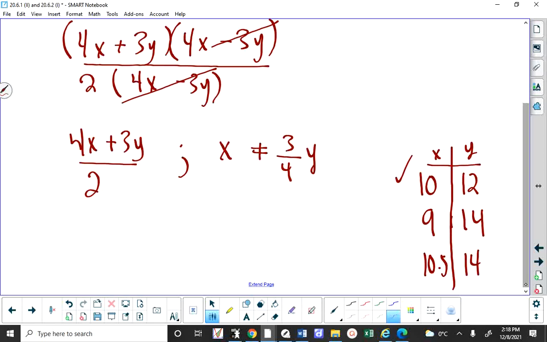Because 3/4 times 14 is 10.5. This is not allowed. These pairs of numbers are. So it isn't about a specific number for x that's not allowed. It's about a whole bunch of numbers for x that are not allowed for a whole bunch of different numbers of y. The non-permissible values are like non-permissible pairs of numbers.